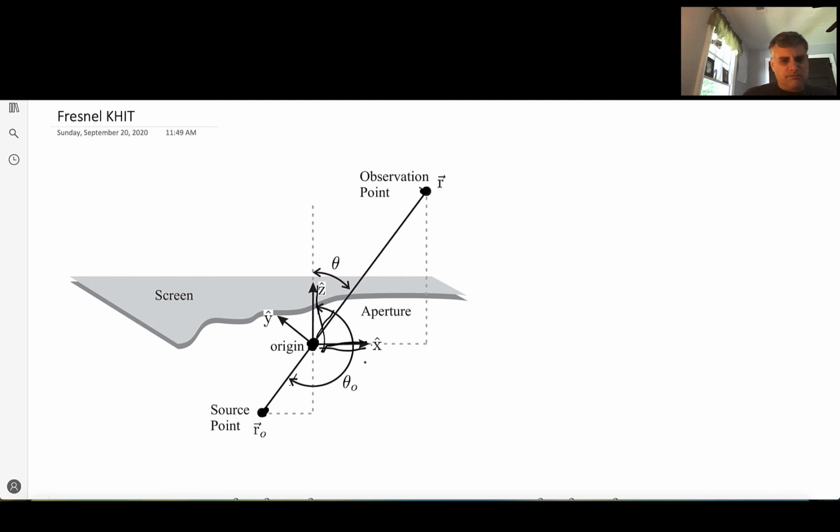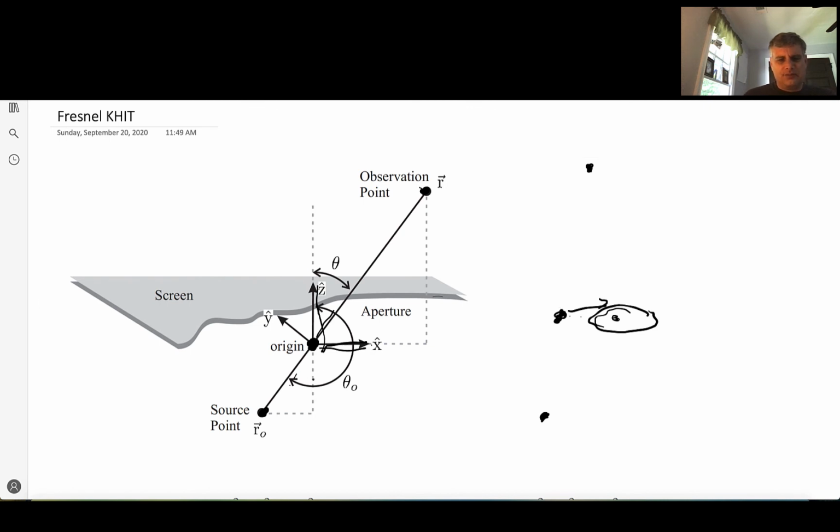And this is pretty easy to do. There's not too much loss of generality here because if you're allowed to shift the origin to wherever you want on the aperture, this is sort of the cutaway of an aperture. If I had a circle over here and a point of observation and a source point here, I would just place the origin here, knowing that my actual aperture would be translated a little bit away from that point.